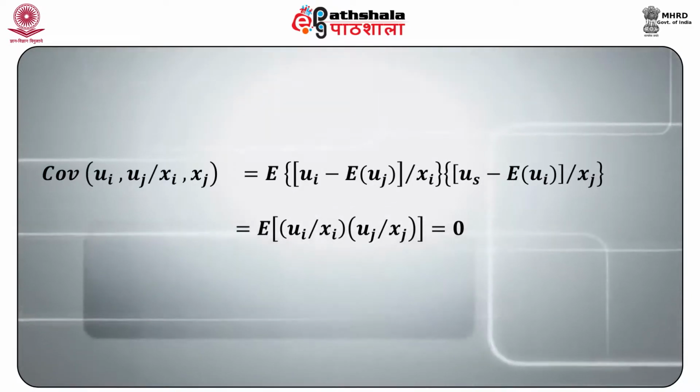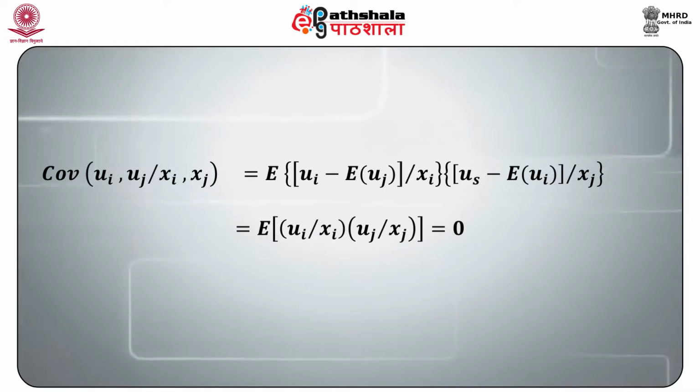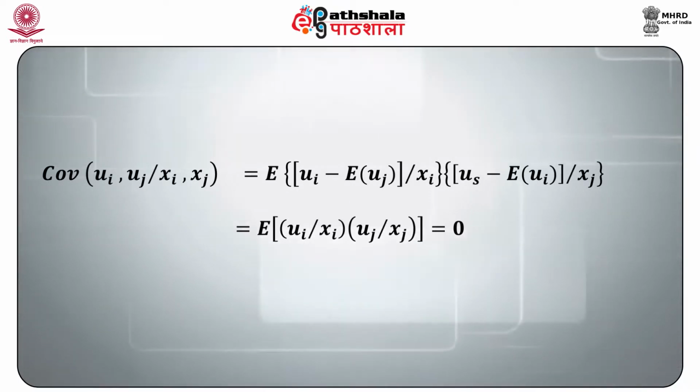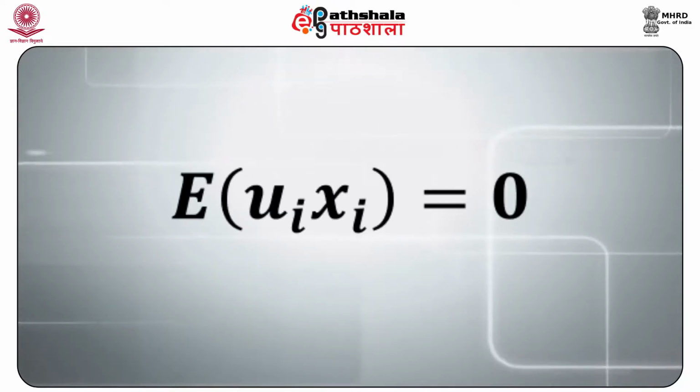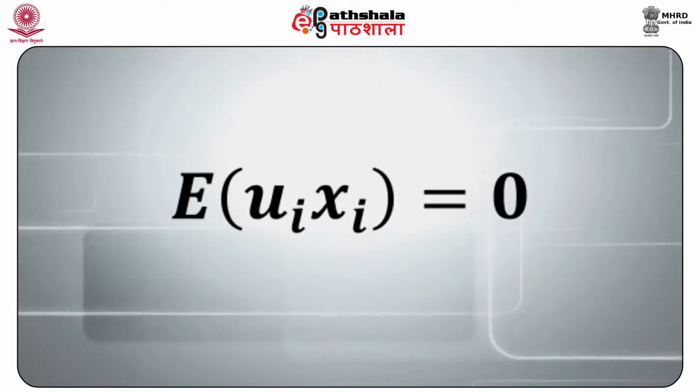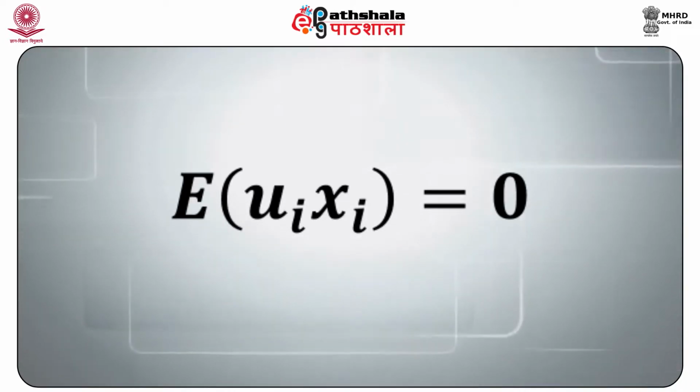This is equal to expected value of mu i given xi into mu j given xj, and is equal to 0 by our assumption.